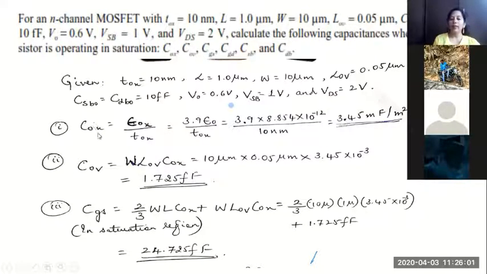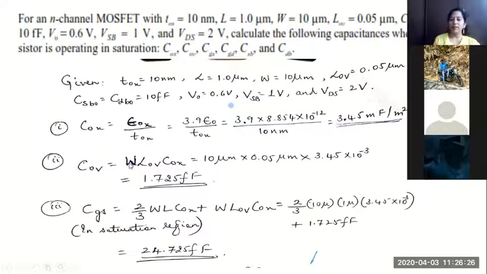So if you find COX, all the other capacitances depend on COX. So now I can find the overlap capacitance COV. Remember, in the overlap regions, the length of overlap LOV is given as 0.05 micrometers here. So COV is measured as W LOV into COX.